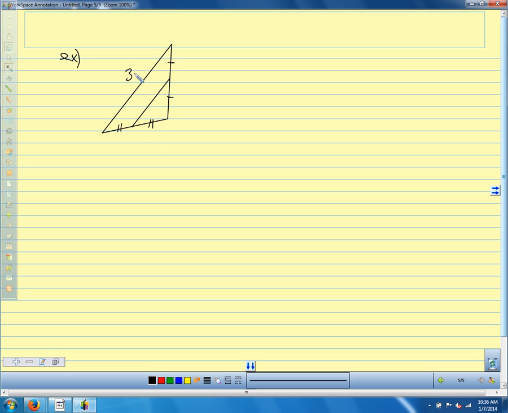So we're going to say this side is 38. And that side is x plus 2. And our problem asks us to find x. So how are we going to go about finding x here?